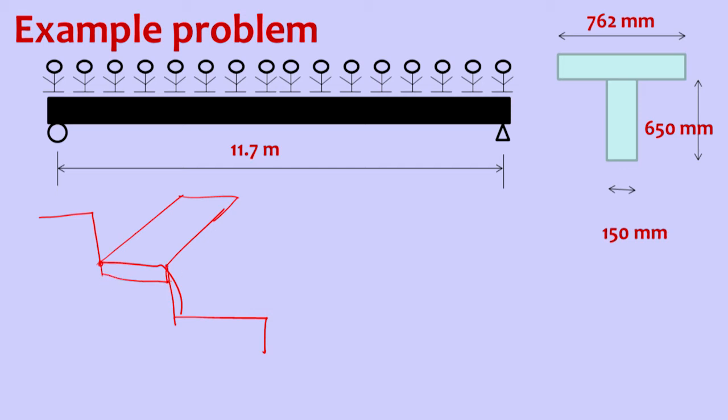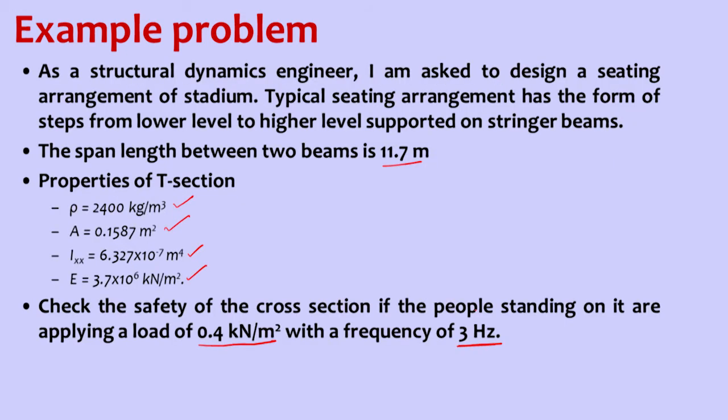This beam is supported here and here. If I take the cross section of that, it is a T section, something like this. Now people are standing here. As I told you, in excitement they are jumping, stamping, clapping, all that. That is generating a harmonic motion of 3 hertz. So now we need to put this into mathematical form.